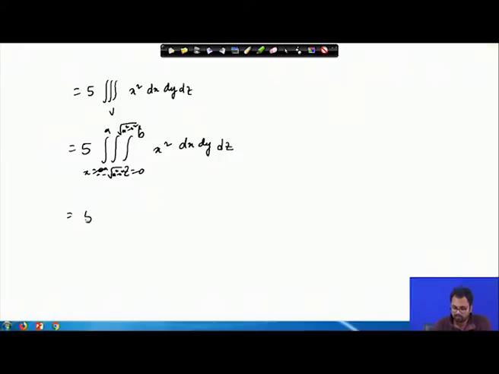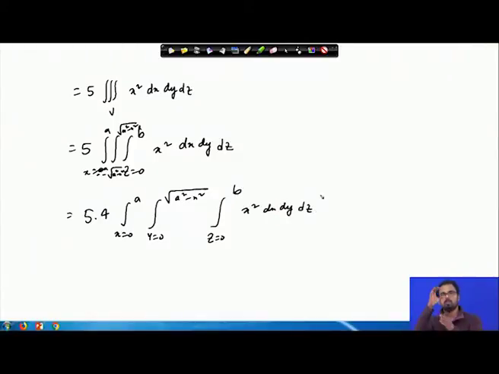So, this will become 5 times 4, since it is a quarter, with x running from 0 to a, y running from 0 to square root of a square minus x square, and z running from 0 to b, of x square dx dy dz.